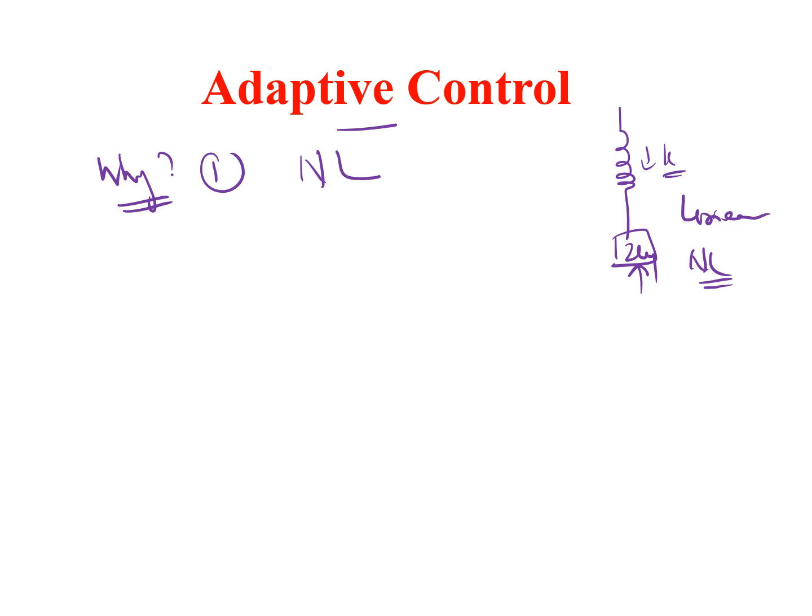So likewise, every system has its threshold. Only if you operate within the threshold, it works linearly. If it is beyond the threshold, then it becomes non-linear. Non-linear means we can't predict how it works. So that's why we have to introduce one mechanism to compensate those non-linearities. That is called adaptive control.